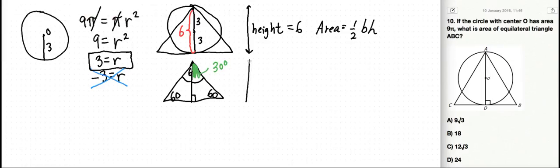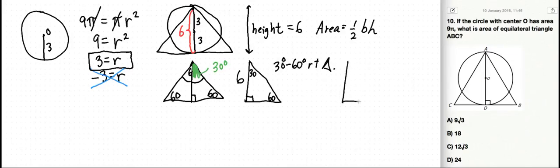If you go over here, that's the height we said was 6. Now we have a 30, 60 right triangle. 30, 60 right triangles have a fixed ratio of sides. Their side lengths are known as x, 2x, x root 3.